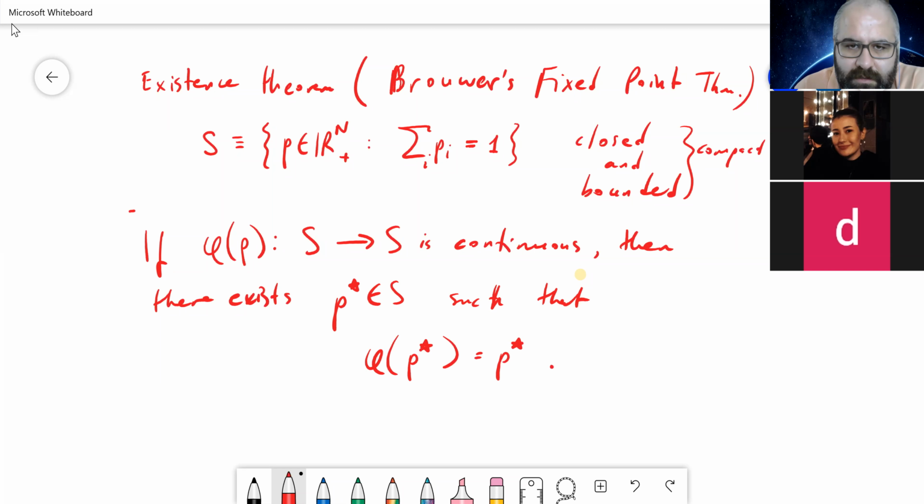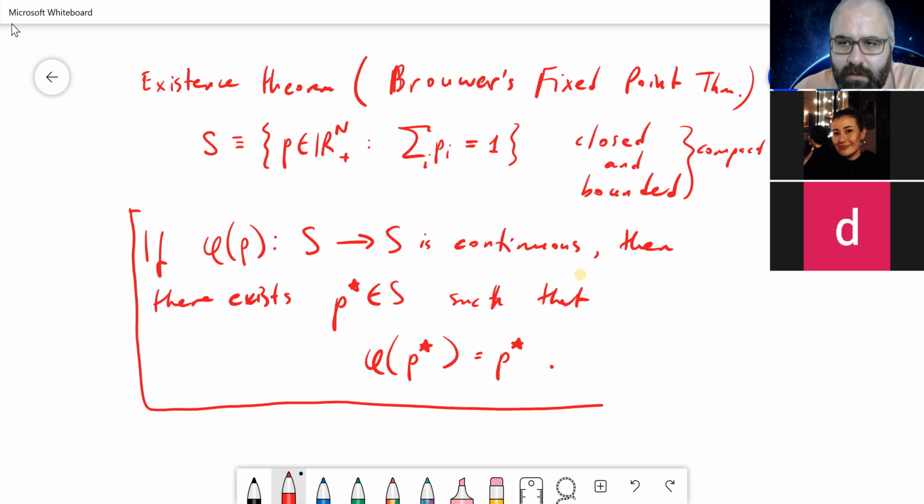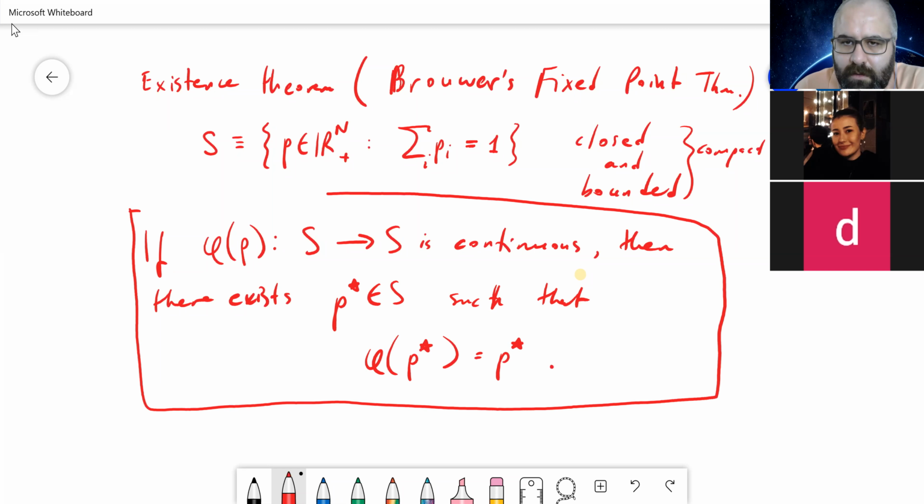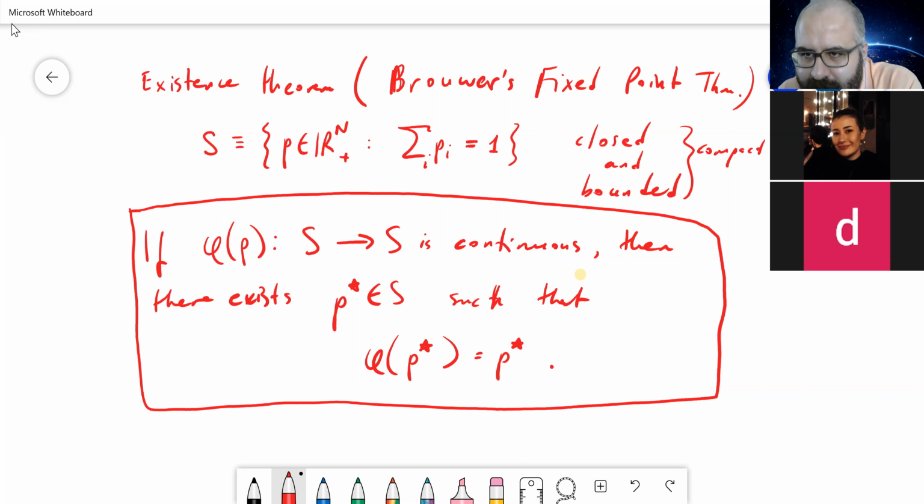Okay, so that is your existence theorem. Again, it depends on our definition of simplex, obviously, because we define the unit simplex as a closed and bounded set.